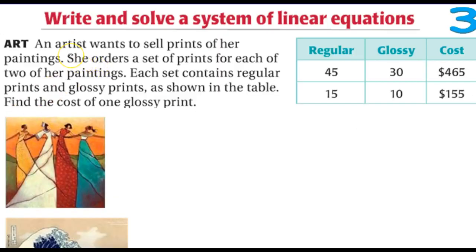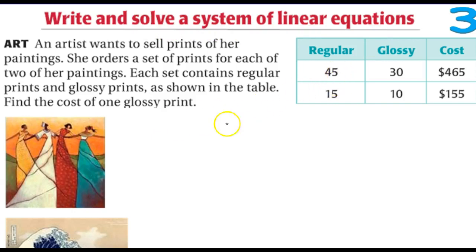This next problem says an artist wants to sell prints of her paintings. She orders a set of prints for each of 2 of her paintings. Each set contains regular prints and glossy prints, as shown in the table. Find the cost of one glossy print. Well, we need to write and solve a system of equations here.